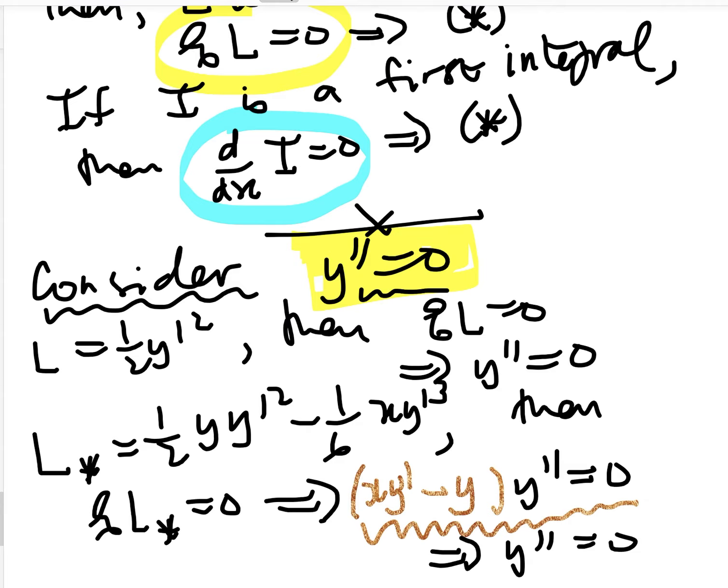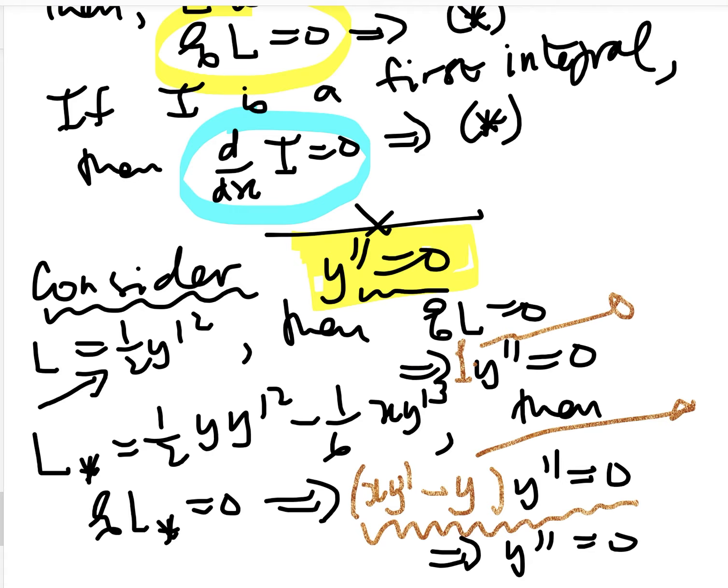In the first case, for the Lagrangian L, we got the factor, very simply, a constant, which is 1. So here the factor was a constant, which is 1, and here the factor is x y dashed minus y.